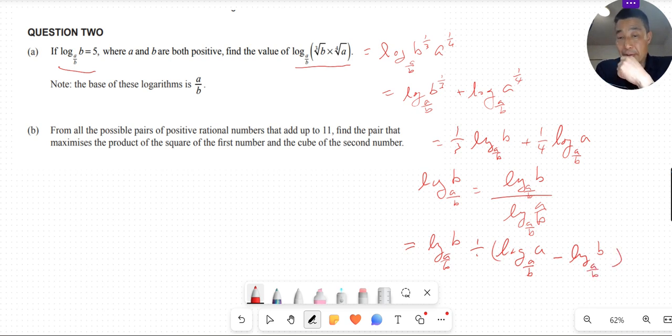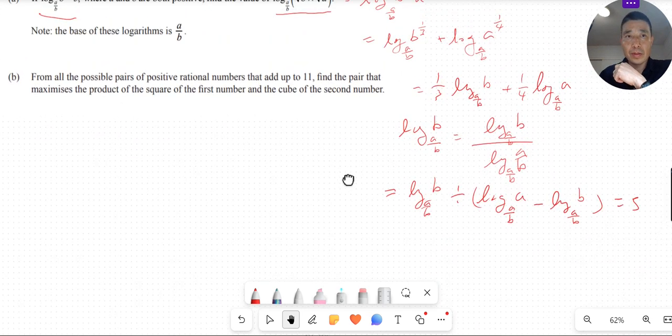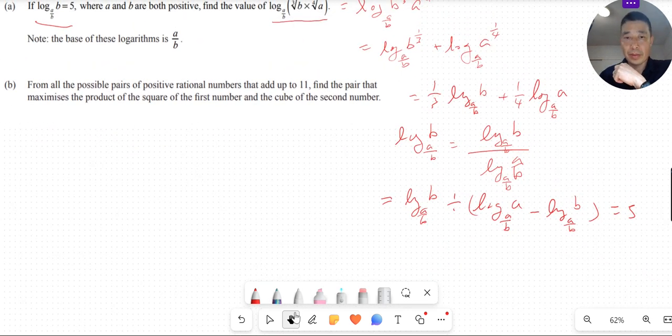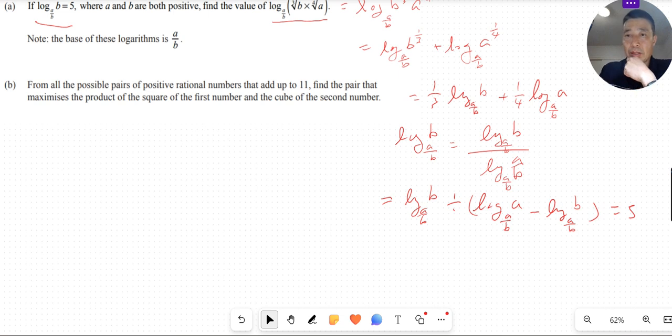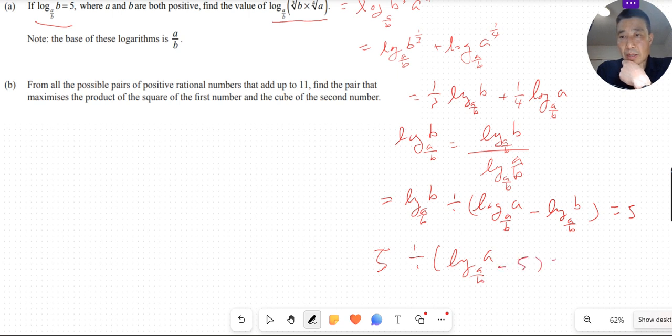That is a 5, isn't it? And we know that that is a 5. So 5 divided by, that's what we want to know. So log a to the base of a over b minus 5 equals 5.